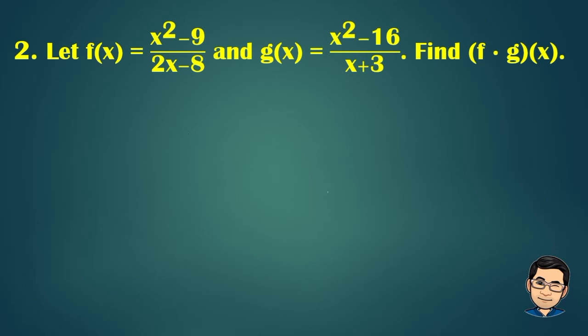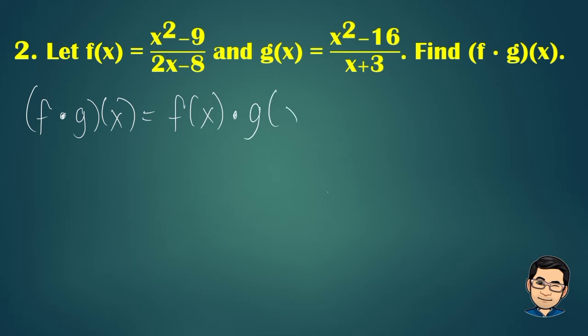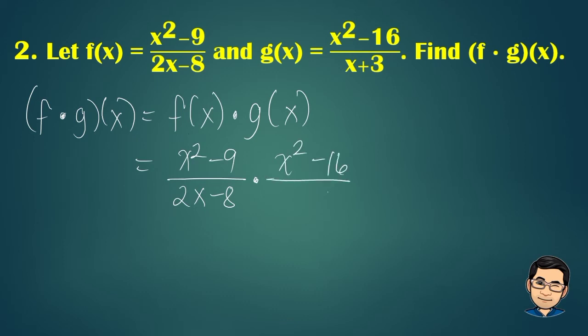So, again, ganun pa rin naman. Sulat natin f times g of x is equal to f of x times g of x. So, f of x, that is x squared minus 9 all over 2x minus 8, times x squared minus 16 all over x plus 3.